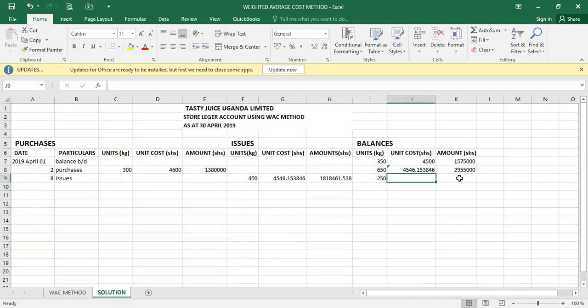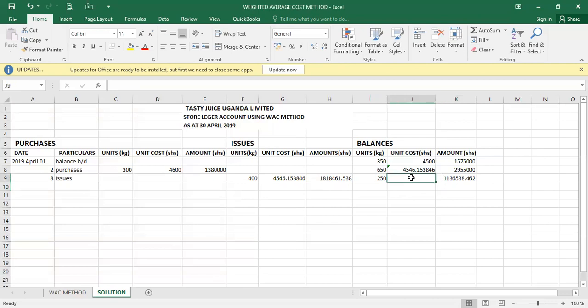Then for this one, we said we don't put. We only put when we have got the cost. And to get our total cost is this. Since we are issuing out, we have to less this. And what will remain there will be this, and this stock will be valued at this. This will be the total cost.